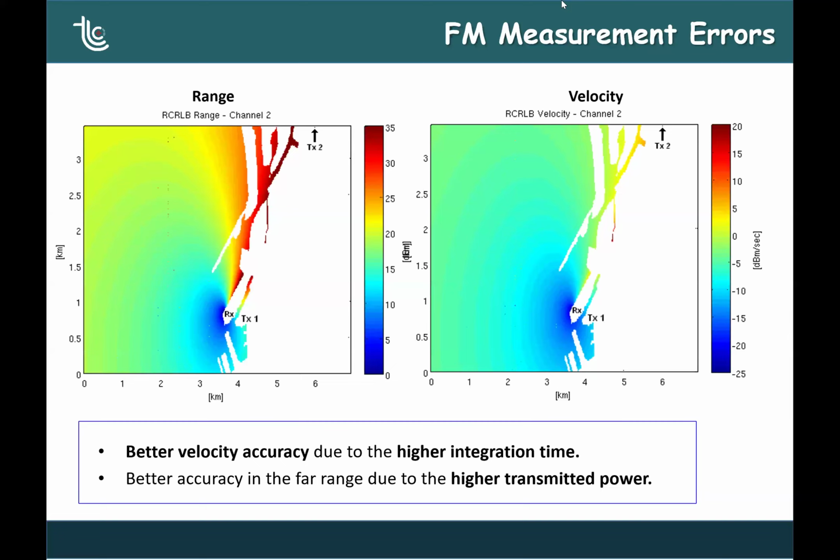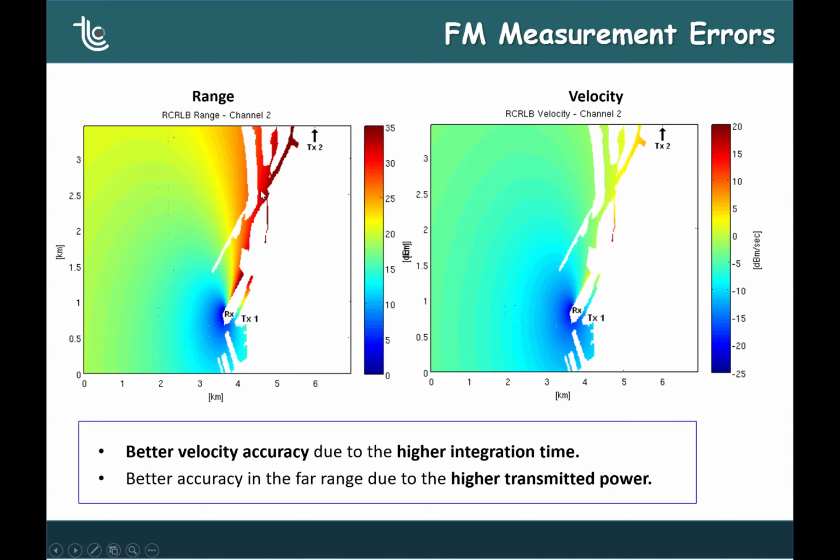Now let's look at the FM measurement. As you can see here in this part of the sea, the target is practically quite close to the baseline between the receiver and transmitter number two. This is the reason why this area is red, because this geometry is bad, at least in terms of range.